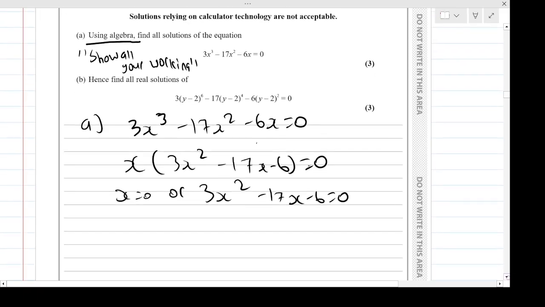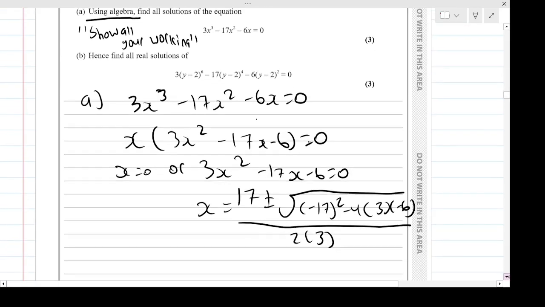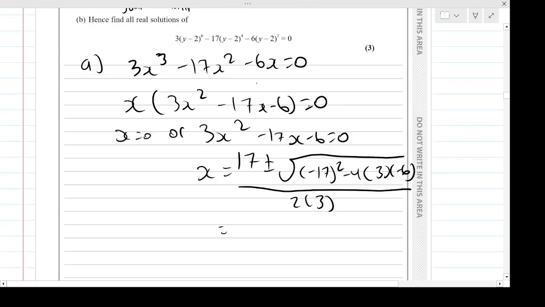So again, I'm going to show my working. The easiest way to show your working is simply just to write down the formula. It takes no thinking, right? So if I jot down the formula, that'd be 17 plus or minus the root of minus 17 squared, take away 4 lots of 3 lots of minus 6, over 2 lots of 3. I'm not going to put that nasty fraction in the calculator. Now I'm going to secretly jump to using the quadratic solver function to do it quickly.